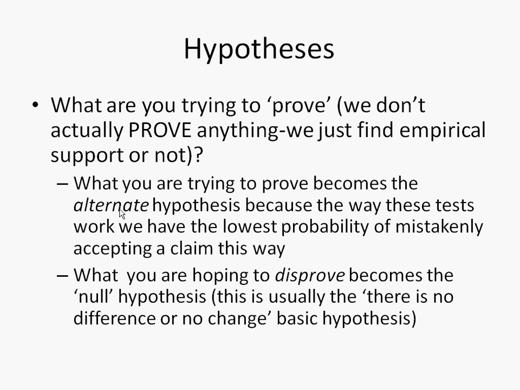So what we do is we set what we want to disprove as what are called our null or our basic hypothesis. We call it a null hypothesis because most of the time it takes the format of there has been no change or there is no difference. So that what we're trying to show in cases like that would be that there is a difference.